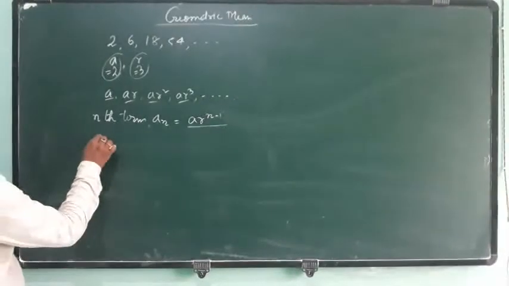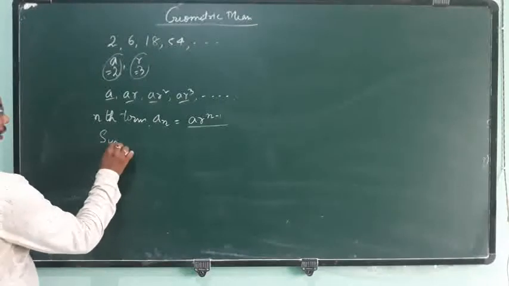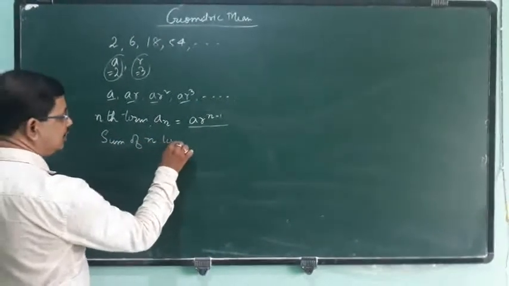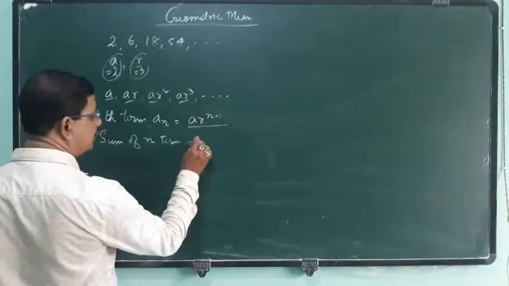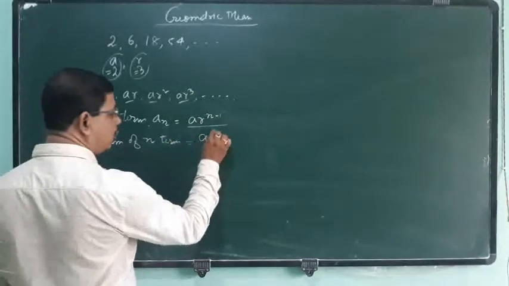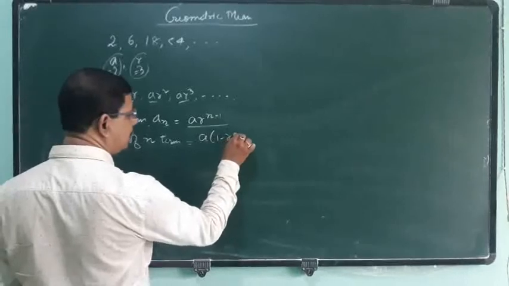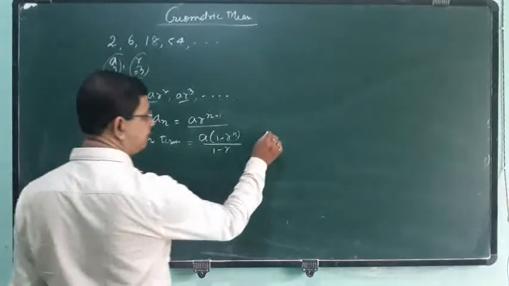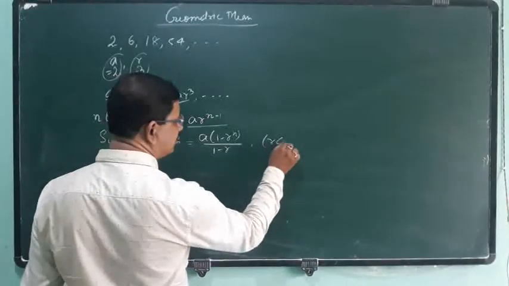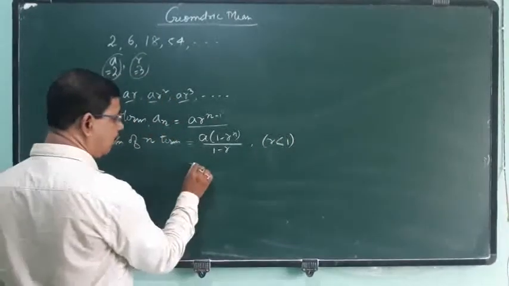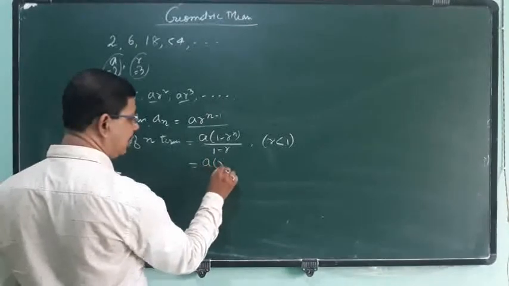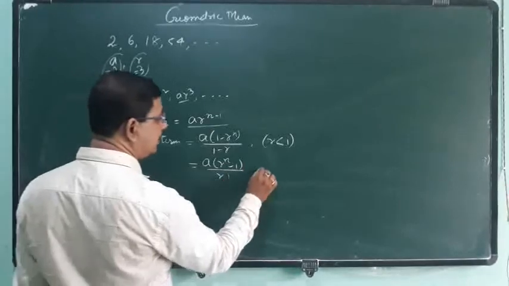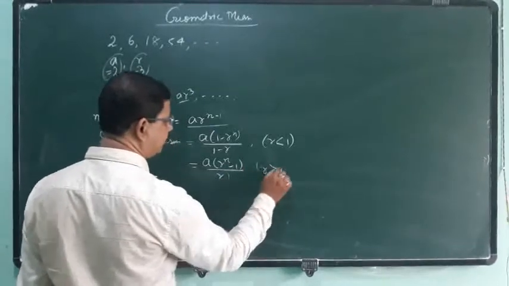Also I want to write the sum of n terms. The sum of n terms is a times 1 minus r to the power n divided by 1 minus r if r is less than 1, or a times r to the power n minus 1 by r minus 1 if r is greater than 1.